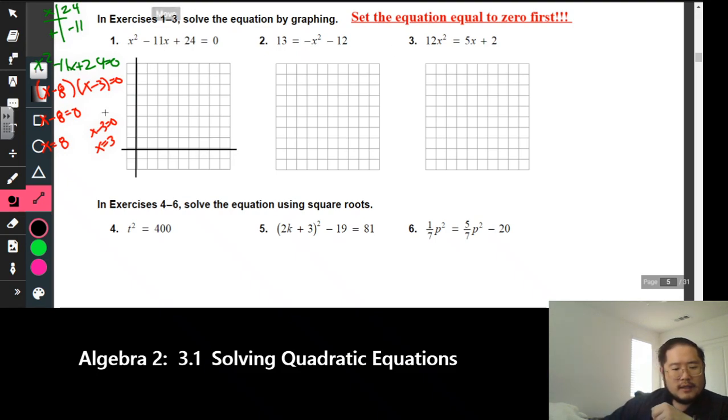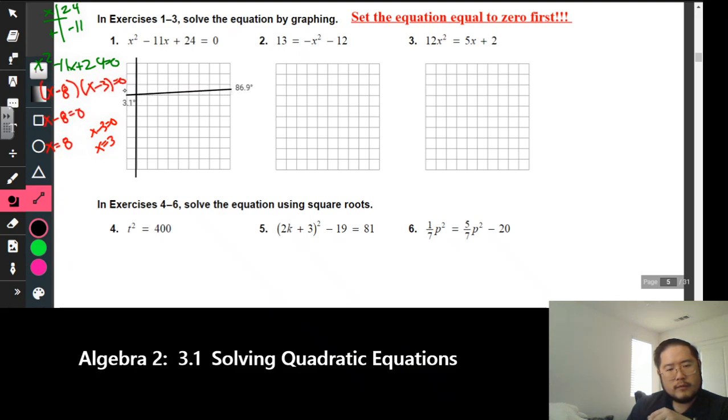Actually, because I know it's going upwards, we should probably move this up a little bit higher, and let's put it right around here. So let's plot right here at 1, 2, 3. There's one of my x-intercepts, also known as roots. And then 4, 5, 6, 7, 8. There is the second root.